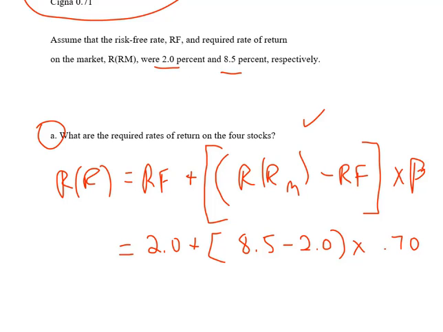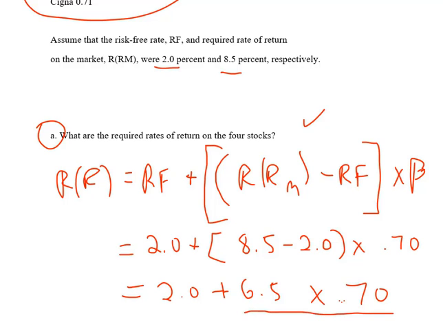Run the math on this. 2.0 plus 6.5, and then multiplied times that beta that we had, 0.7. Order of operations requires that we do the multiplication first, so we're going to do that.